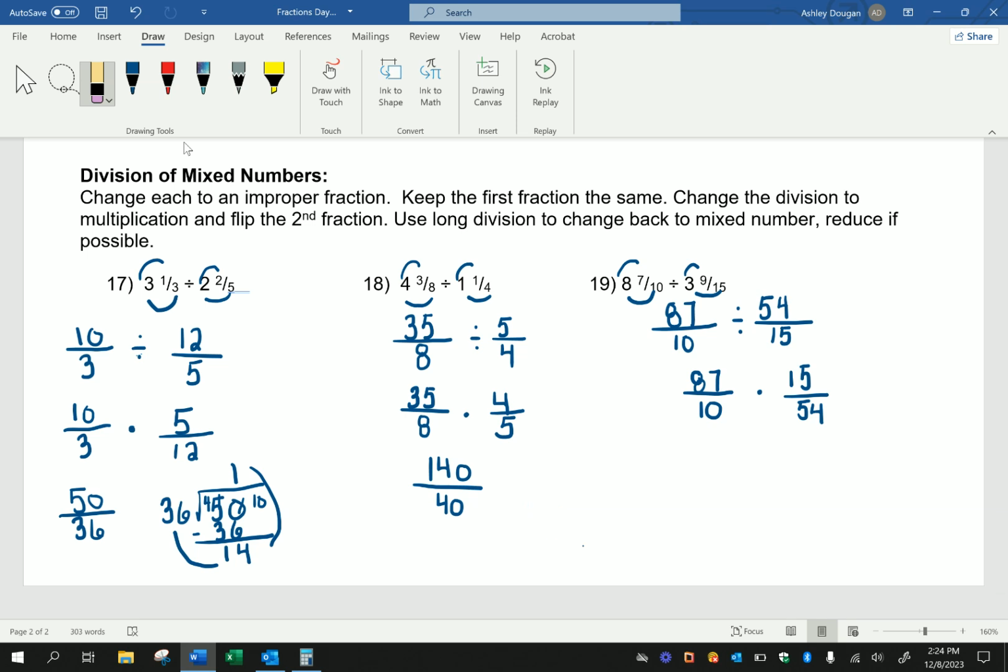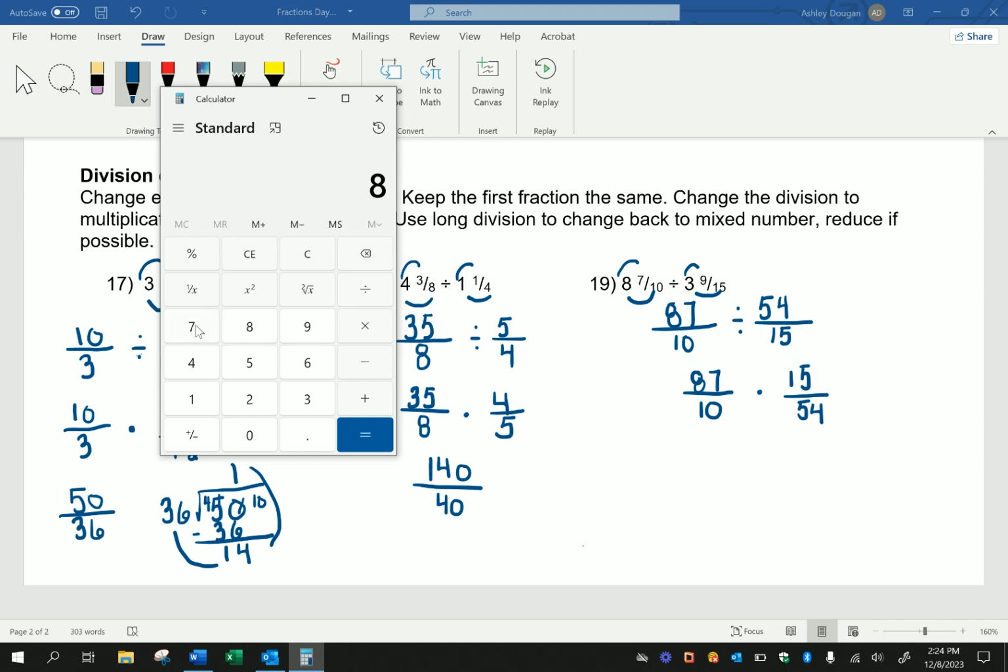Then I'm going to multiply those two values together, straight across. This is when I'm going to get into some fairly large numbers. You may have some large numbers when you're working some of these practice problems. 87 times 15 gives me 1,305 for the numerator.